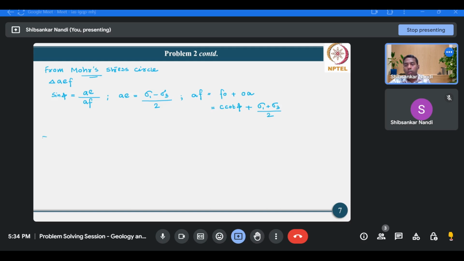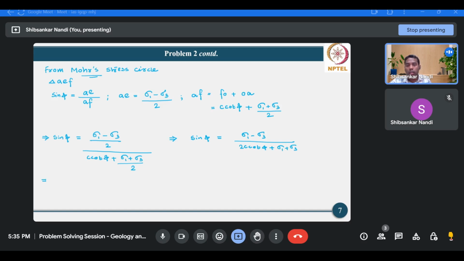Now if we substitute these values in this expression, sine phi will be sigma 1 minus sigma 3 by 2 divided by C cot phi plus sigma 1 plus sigma 3 by 2. Simplifying further, sin phi equals sigma 1 minus sigma 3 divided by 2C cot phi plus sigma 1 plus sigma 3.